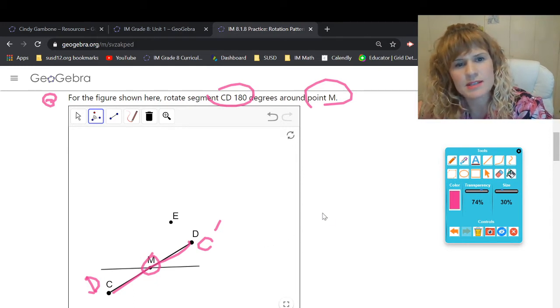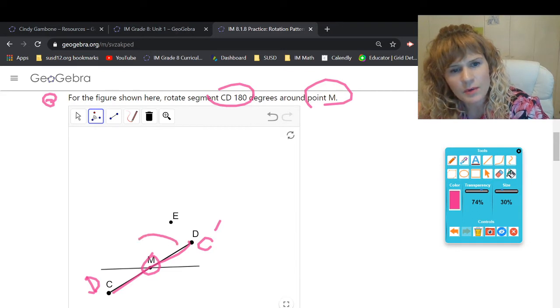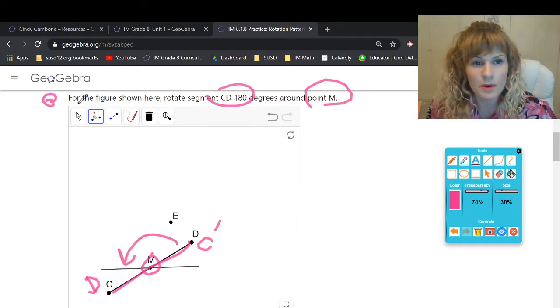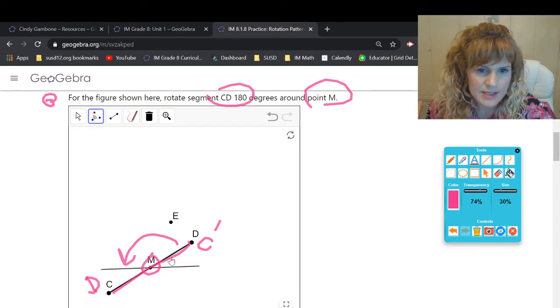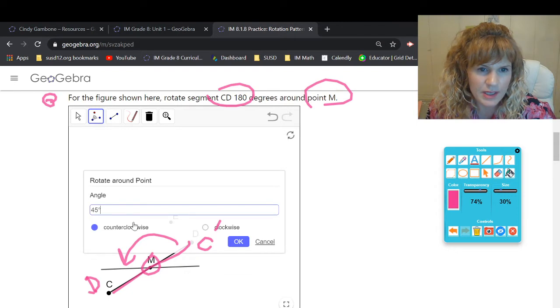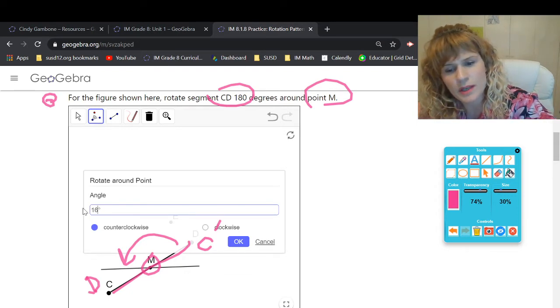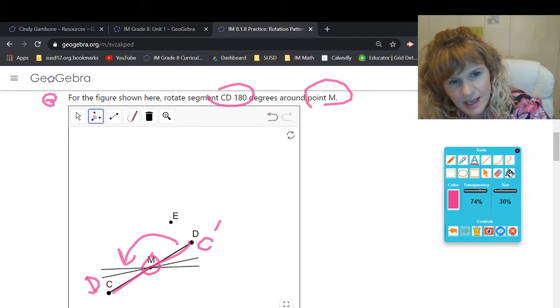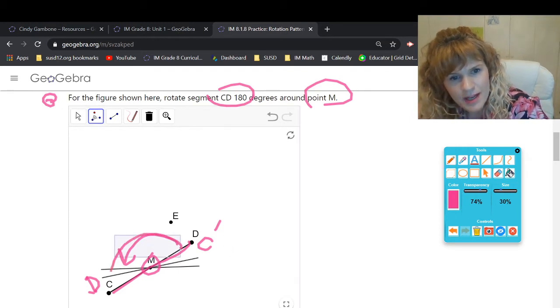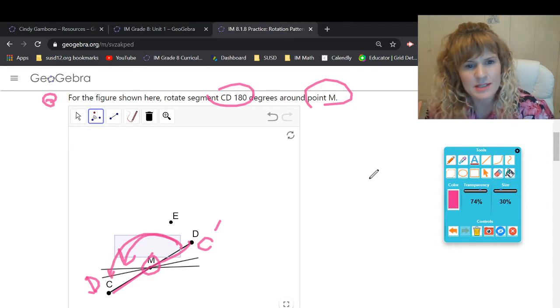So this is a 150 degree counterclockwise rotation. Let's keep going. Click the tool again, rotate around center, click the line segment, click the midpoint, and then we'll type in 160 degrees. You can see it's getting closer. Right there, that's 160 degrees.